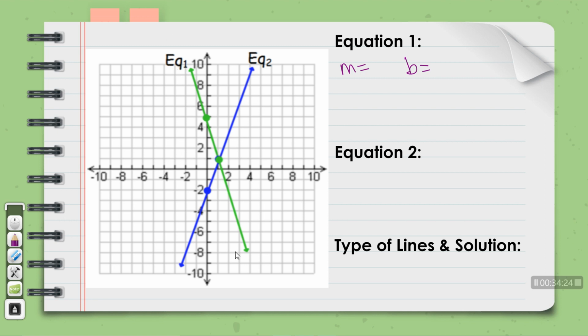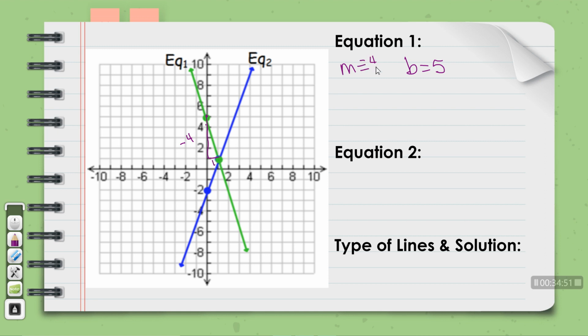So let's start with line 1, which is the green line. Where does it cross at? What number is this on the y-axis? At +5. So b is +5. Now we're going to write the slope. The slope from this point to the next point. It goes down 1, 2, 3, 4. So what number would that be? Negative 4, and right 1.